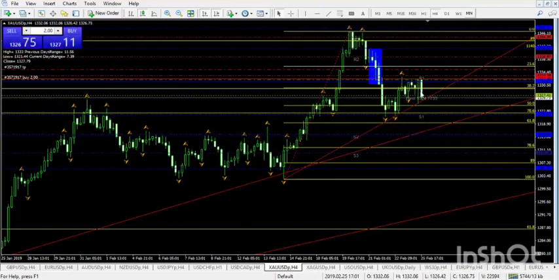For example, in here, the candlestick that we have here is a swing high candlestick. So if I want to do a buy order, I should put my stop loss below this candlestick and this shadow here.